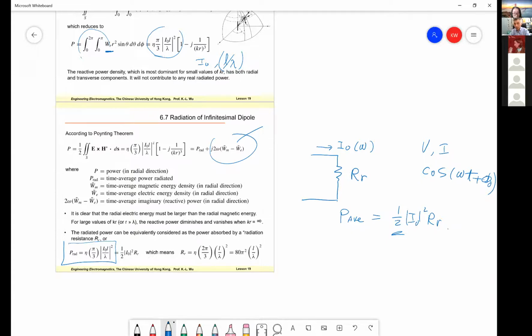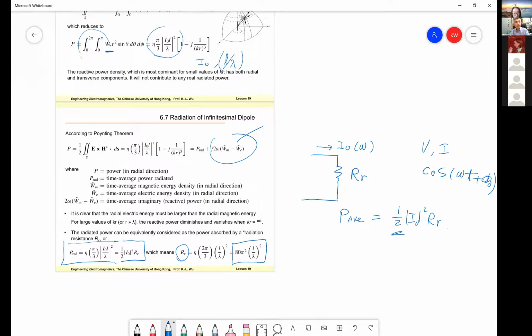So if I treat the antenna system as a circuit, the power radiated, I treat it as a resistor that absorbs the whole energy radiated by the antenna. I can equate this to this. You allow me to extend this, then we can find the equivalent resistance equal to this.